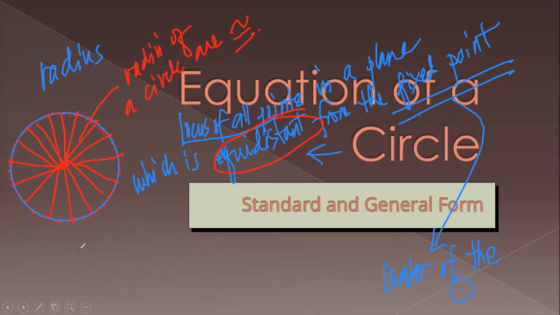For example, halimbawa, ito, meron tayong center. So ito ang radius 1, ito ang radius 2. Yung ating radius 1 at saka yung radius 2, hindi equal kasi mas malaki to. So hindi circle ang mabubuo mo dyan. So para makabuo ka ng circle, dapat ang radius mo pare-parehas. That's why the definition of the circle emphasizes the term equidistant.